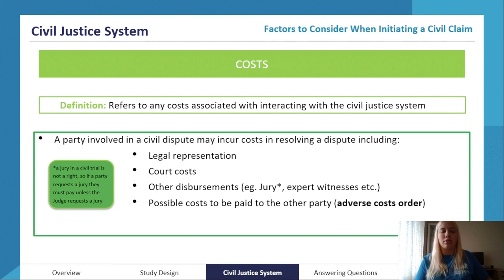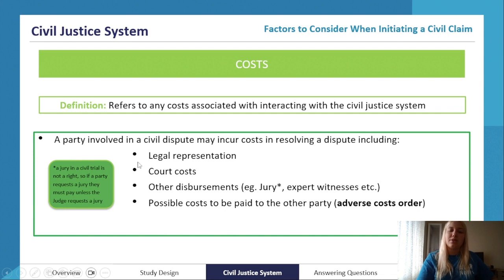So that's an example of an additional cost. So this is where it says that a jury in a civil trial is not an automatic right. So if one of the parties requests a jury, they must pay, unless it's the judge that has requested a jury, which doesn't really happen. There'd have to be a specific reason for the judge requesting a jury.